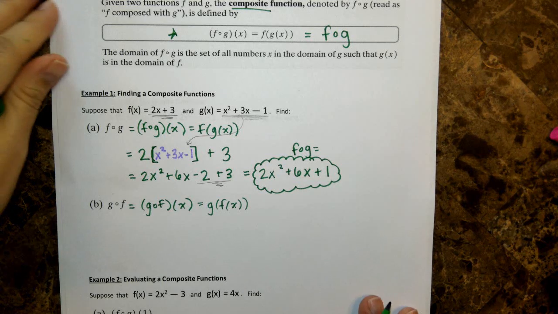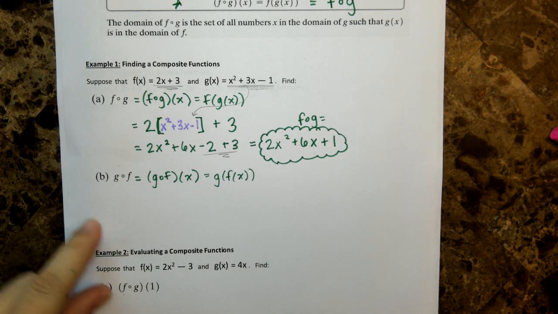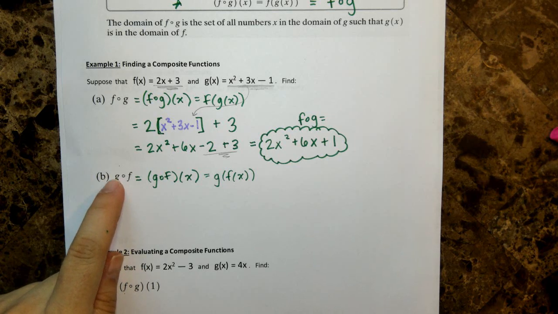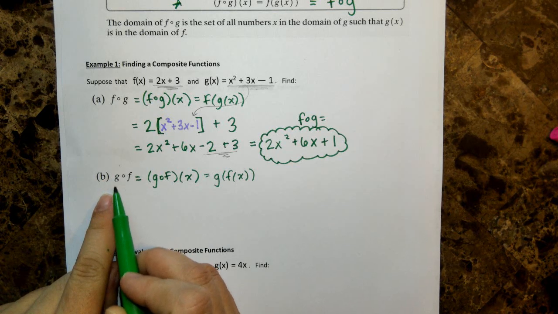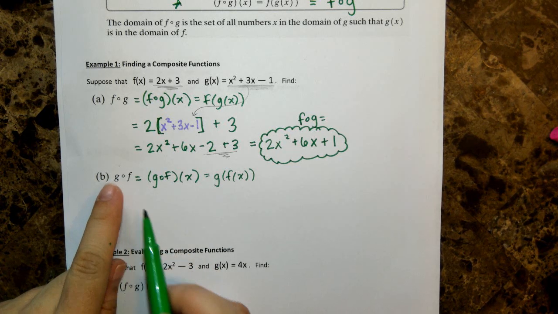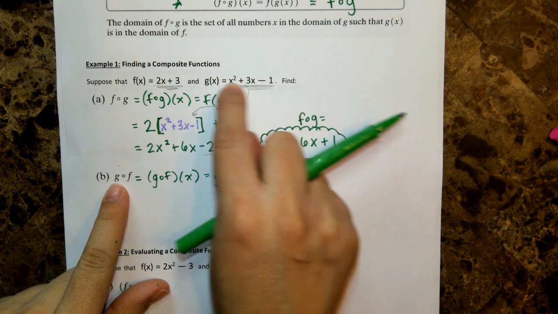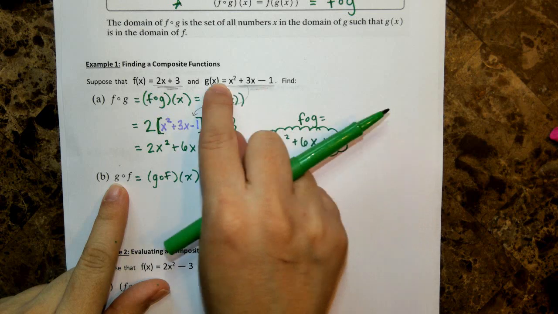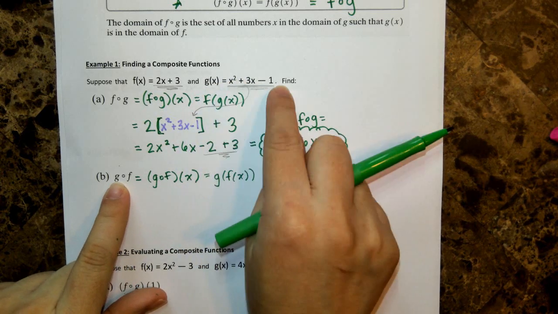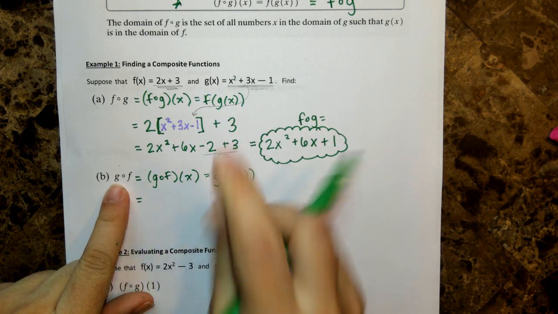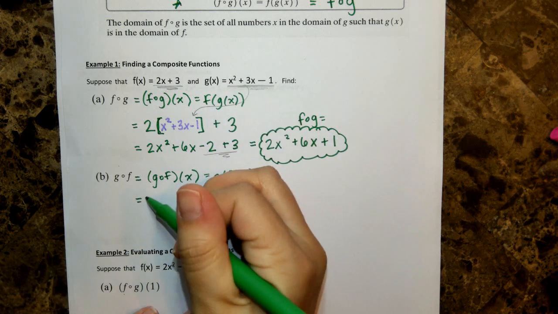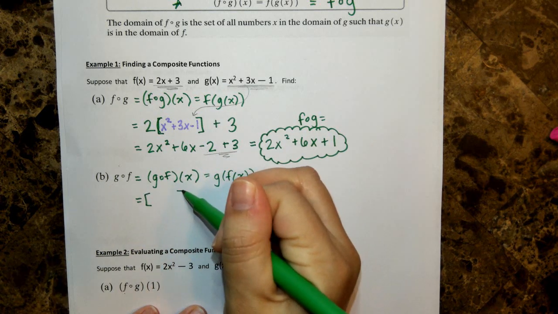Okay. Now the way that we would set this one up, again, you start with the first function, the outer function. I call it the outer, but what I mean is which one comes first, which one is written first, and that in this case is g. So I'm going to refer to my g function, which is this whole x squared plus 3x minus 1. So I'm going to go ahead and write that. Instead of x, though, I'm going to leave just these empty brackets.